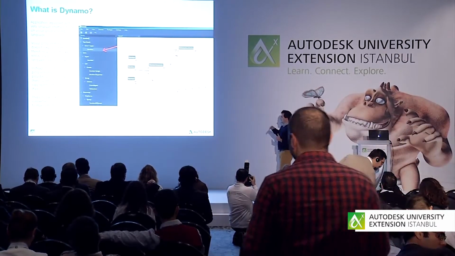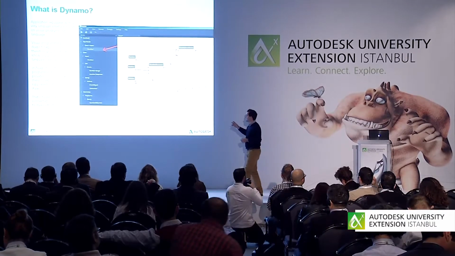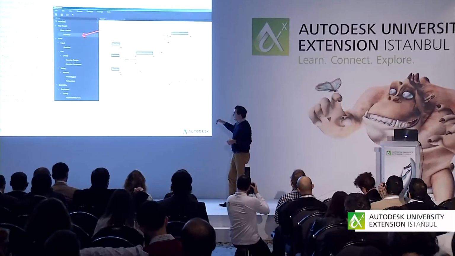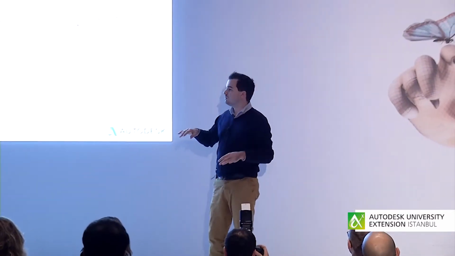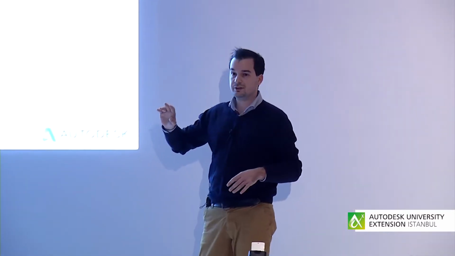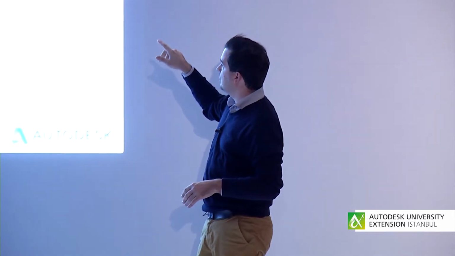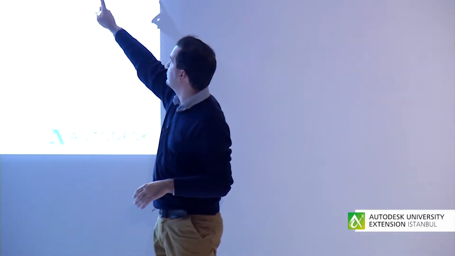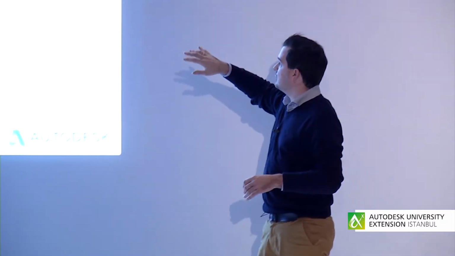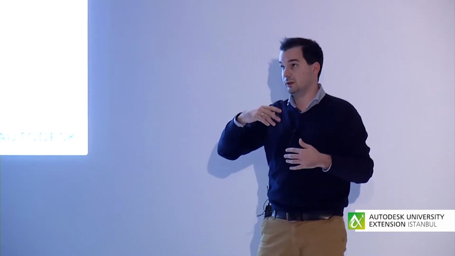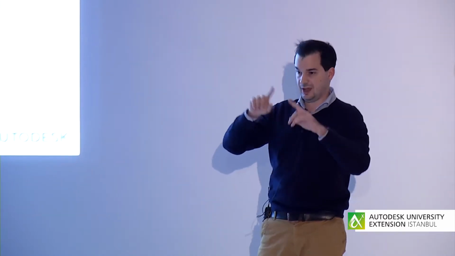The idea of visual programming is based on the fact that instead of scripting, instead of writing code, you're dropping icons on a canvas, like you see here on this gray area. I will be using the correct nomenclature for these icons: it's a node.